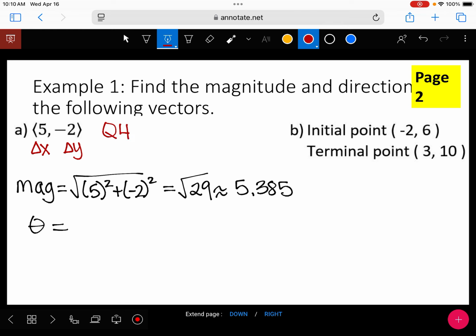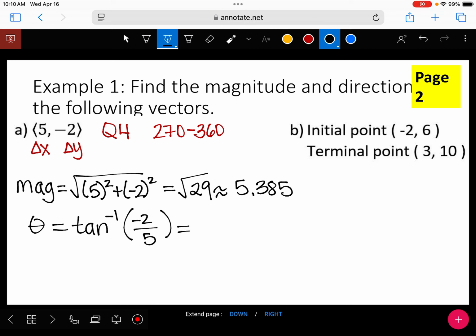And in Q4, the angles have to fall between 270 and 360. So we need to keep that in mind as we find the direction of this vector. So we're going to take the inverse tangent. And it's always y over x. And when you type that in your calculator, I'm going to verify my answers because I already did it, but I want to make sure that I didn't mess it up.